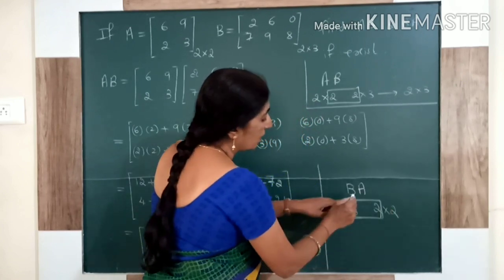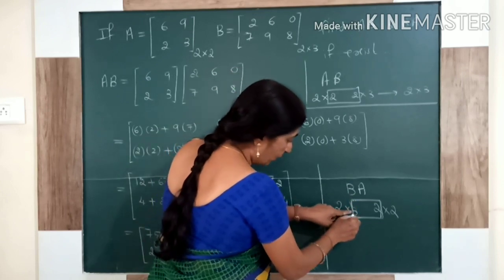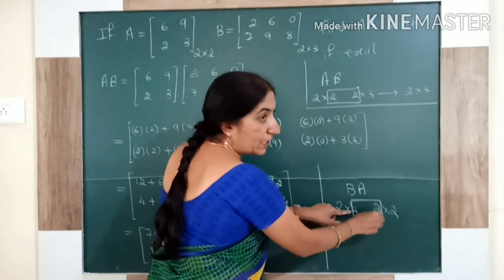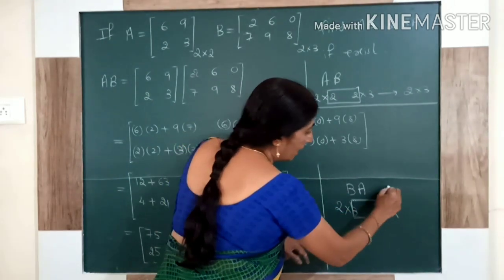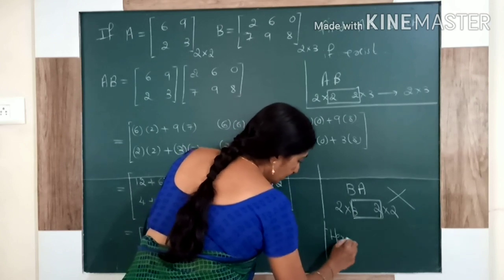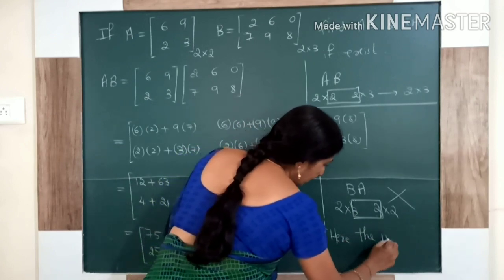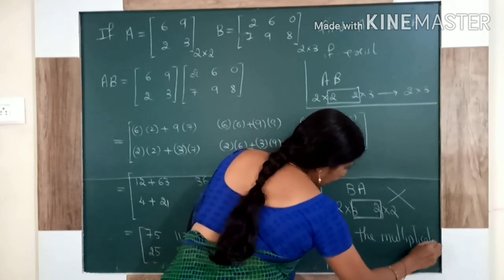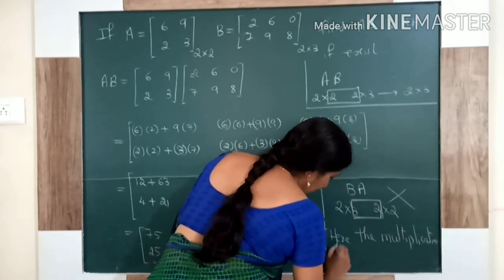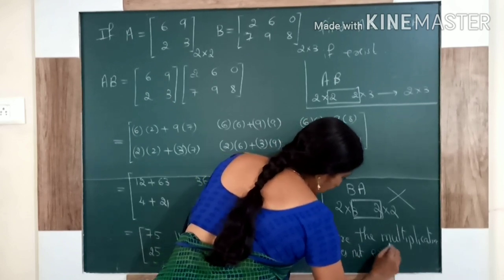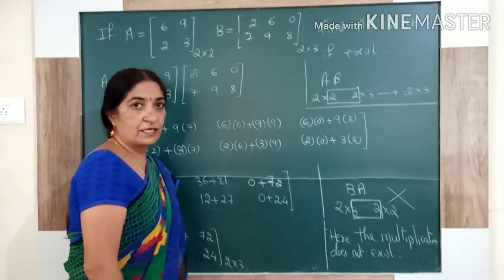That means the number of columns in the first matrix is not equal to the number of rows in the second matrix. So the multiplication is not possible. It does not exist. Please students, is it clear?